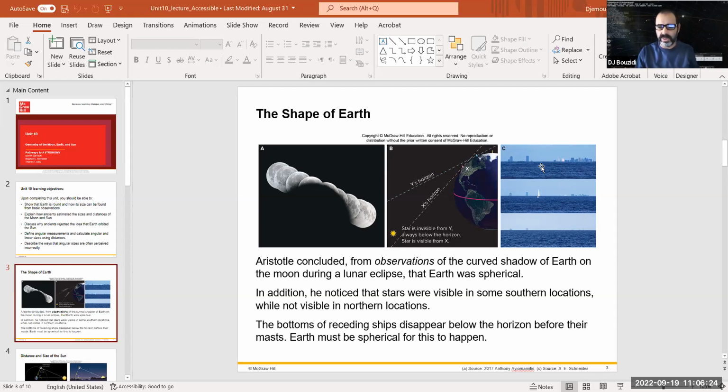The other argument that was made is based on the lunar eclipse. The lunar eclipse was thought of, justifiably so, as the shadow of the Earth projected on the moon. And that shadow, when it's a partial lunar eclipse, always has an arc on it, okay? It starts from an arc and continues arcing until it completely ends in another arc. So here is the situation. If the Earth was flat, the sun would always have to be in this position this way.